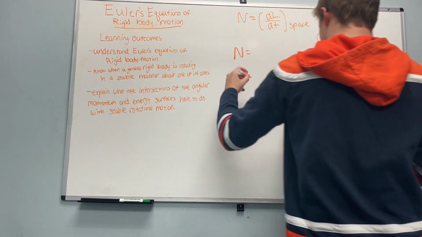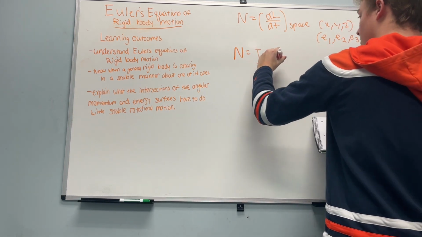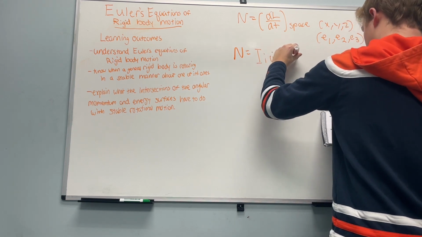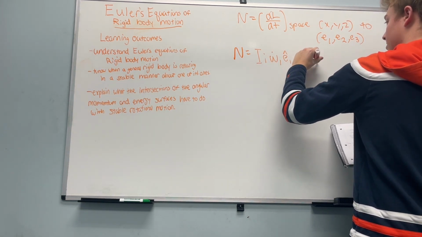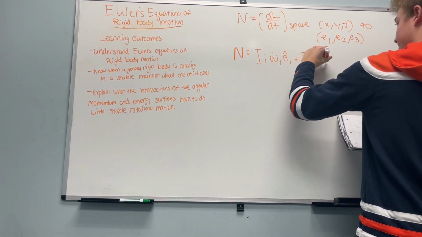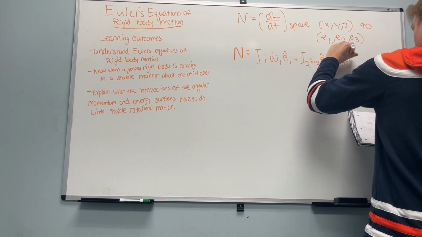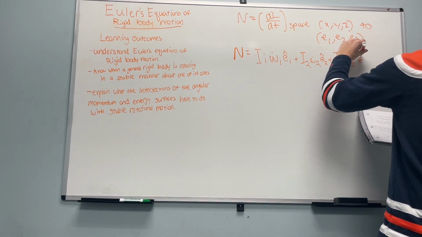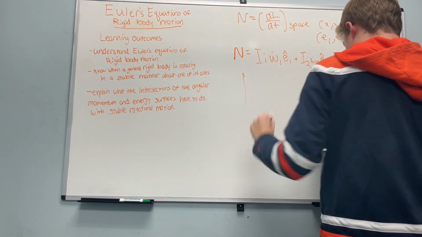It will be N equal to I1 omega 1 dot E1 cap plus I2 omega 2 dot E2 cap plus I3 omega 3 dot E3 cap, and then plus the corresponding matrix.